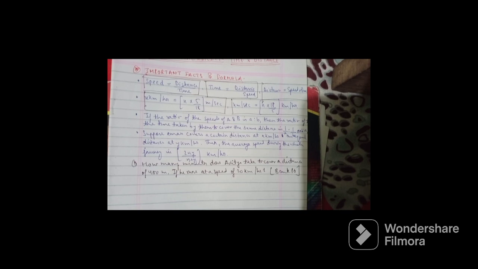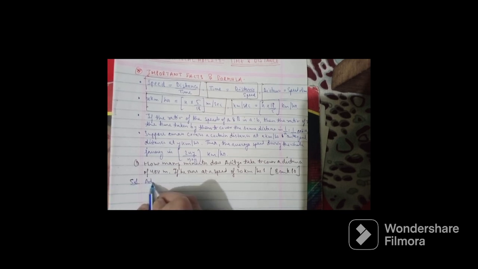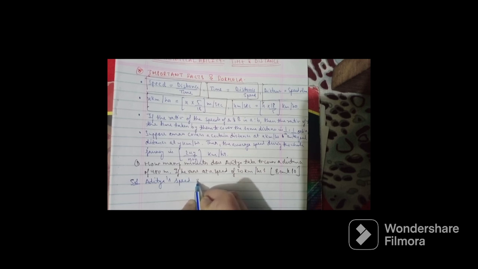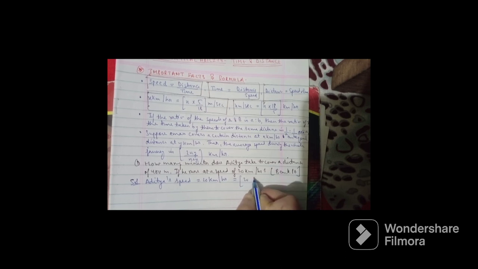Aditya's speed is equal to 20 kilometer per hour, which is equal to 20 into 5/18 meter per second.